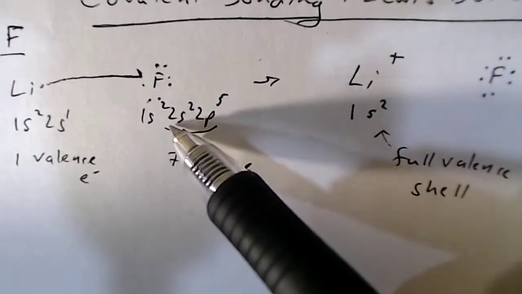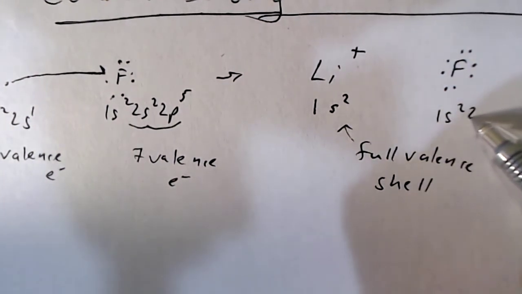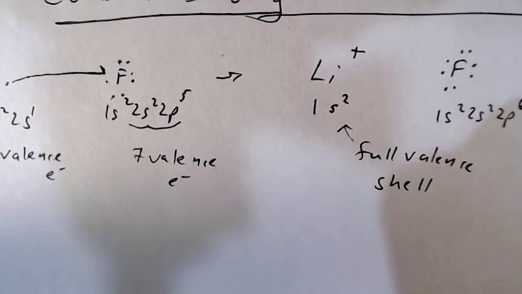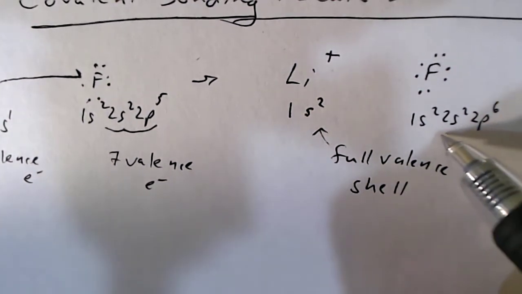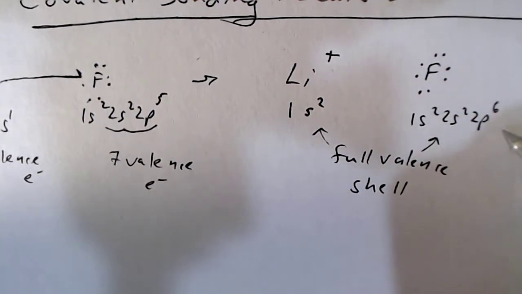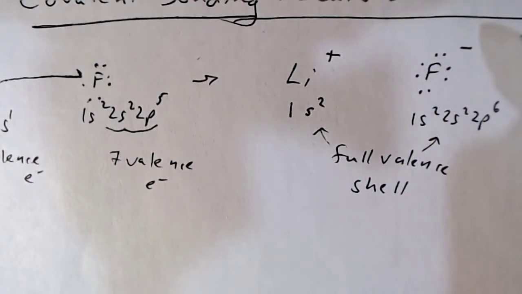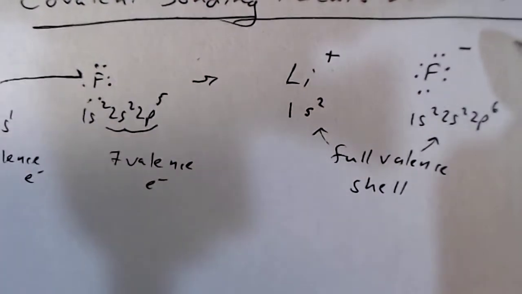Instead of ending in 1s2, 2s2, 2p5, it will now end in 1s2, 2s2, 2p6. It will have also a full valence shell. Principal energy level 2 is totally full. And also will have a negative charge because there's now one more electron than it used to have.